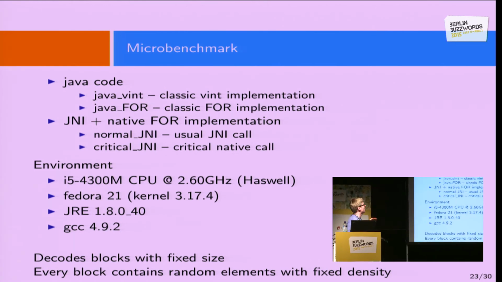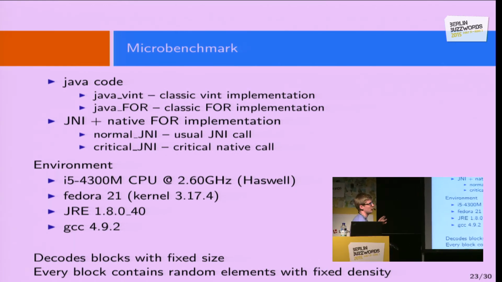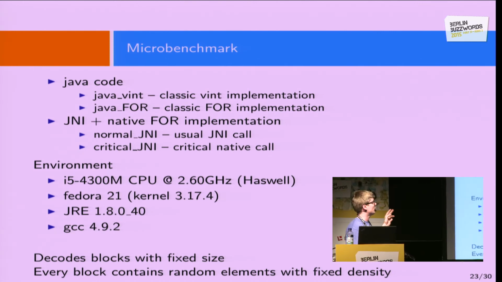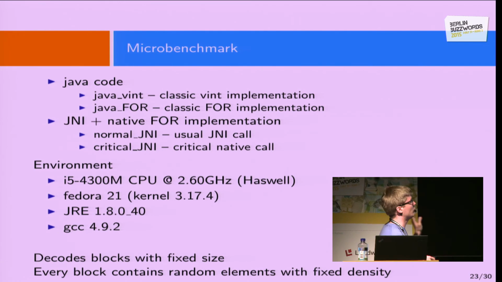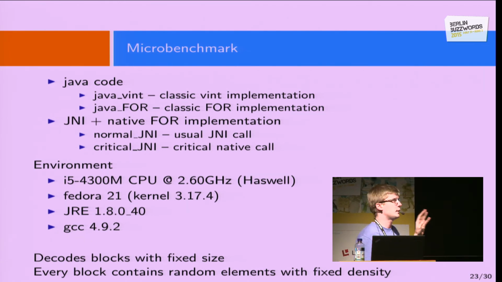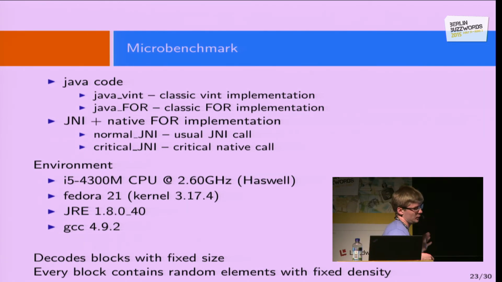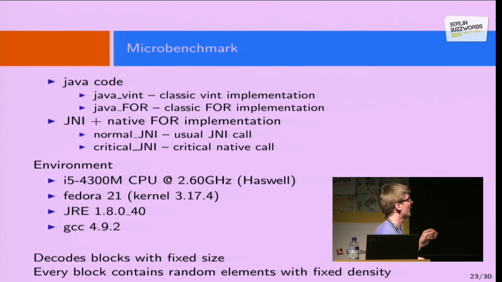In my benchmark, I used a Java variable int implementation. This is the classical variable int implementation. I used it as a reference just to show how variable int works. Also, I have a Java FastPFOR implementation. This is the classical FastPFOR implementation, written in Java and used by Scala and Lucene.